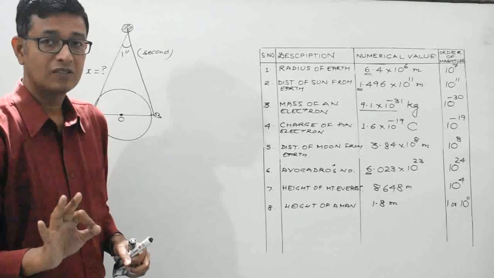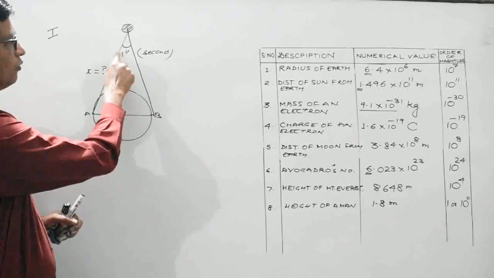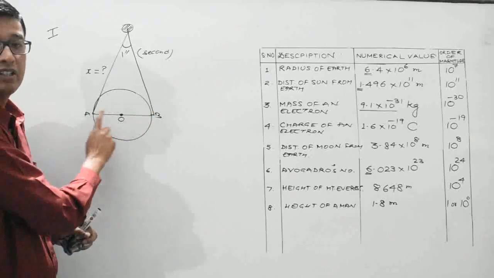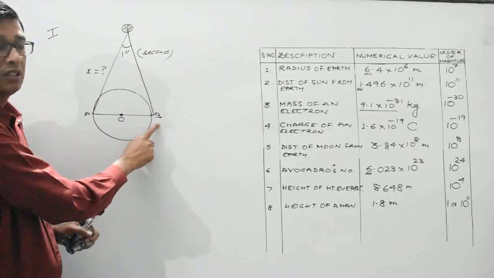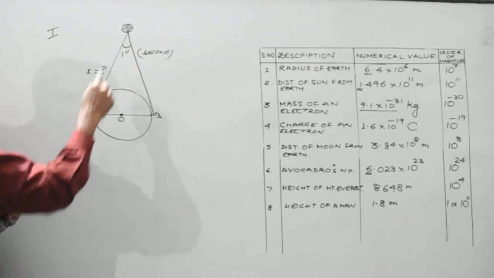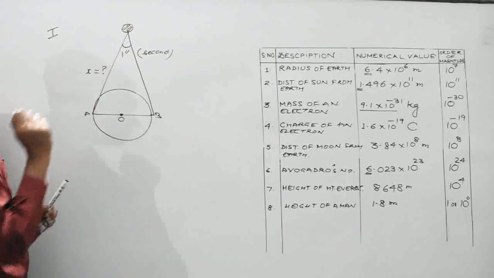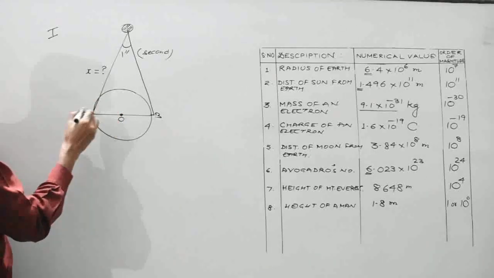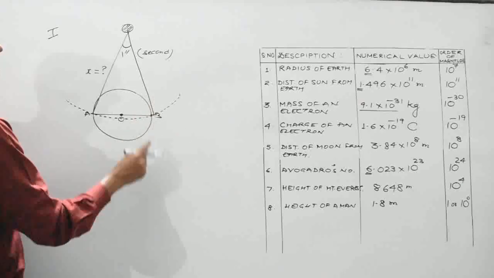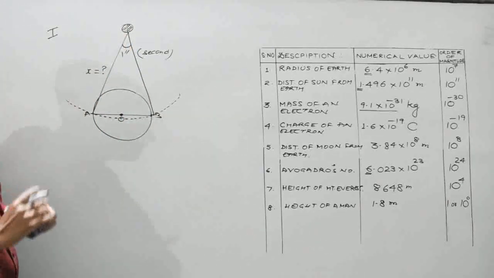So, question is, a heavenly body subtends an angle of parallax of 1 second from the 2 points on the earth's surface which are diametrically opposite to each other. Determine the distance of this heavenly body from the center of the earth. Now, as I told you, this distance is huge or very, very large as compared to this distance, right? So, AB can be considered to be an arc subtending an angle 1 second at the center of a circle of radius x, right?